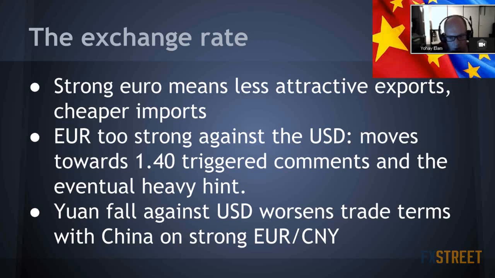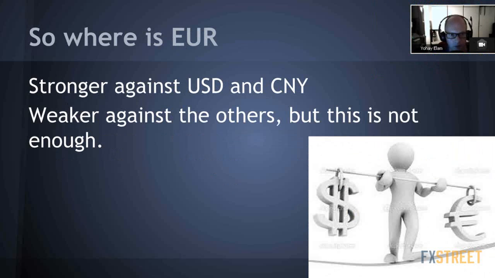A strong euro against the Chinese yuan means that exports from Europe to China are less attractive and Chinese imports are cheaper, pushing inflation lower. So we have the euro still, well, it did weaken, but it's still relatively strong, and Draghi would like it to weaken more.